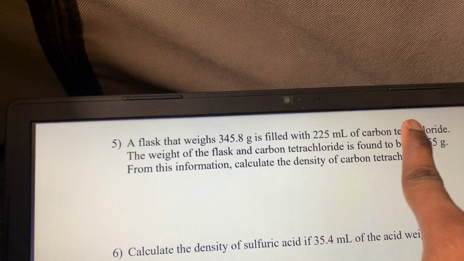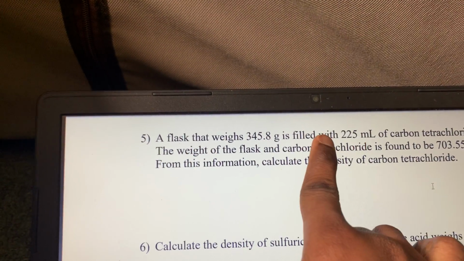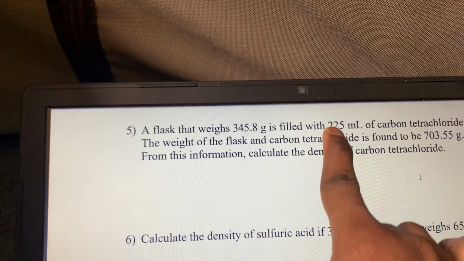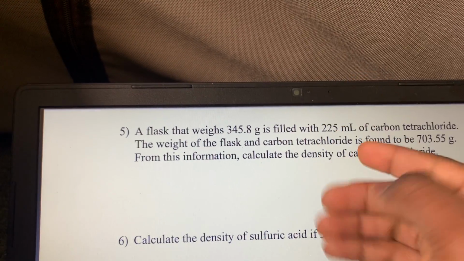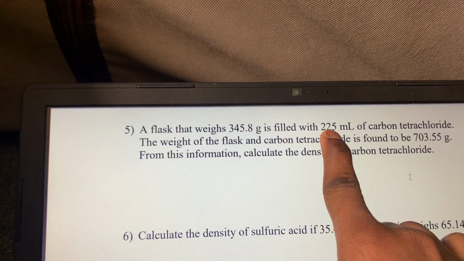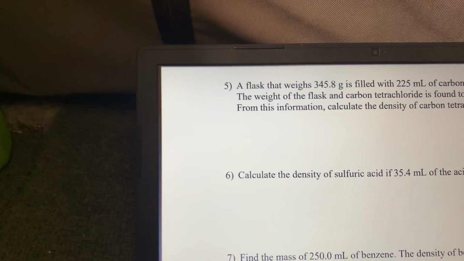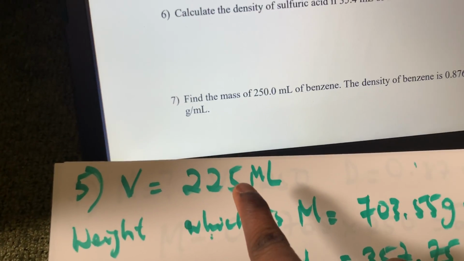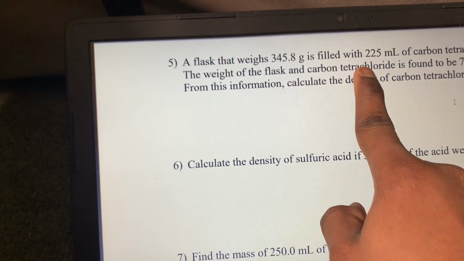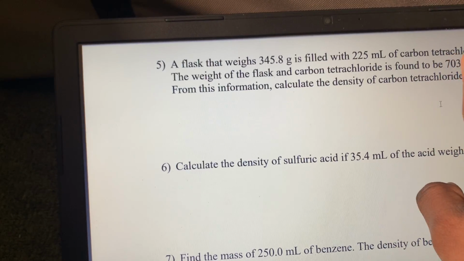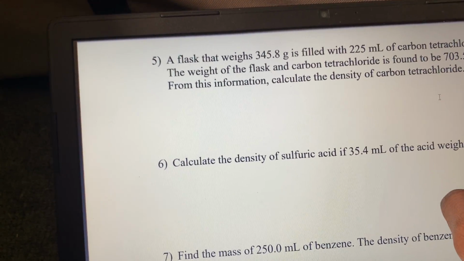Now, the carbon tetrachloride is 225 milliliter. That means it's the volume, right? So the volume of the carbon tetrachloride is 225 milliliter. Now, the weight of the flask and the carbon tetrachloride is found to be 703.55 gram.